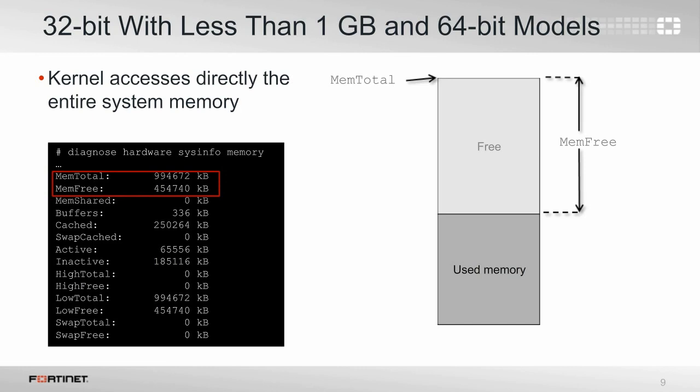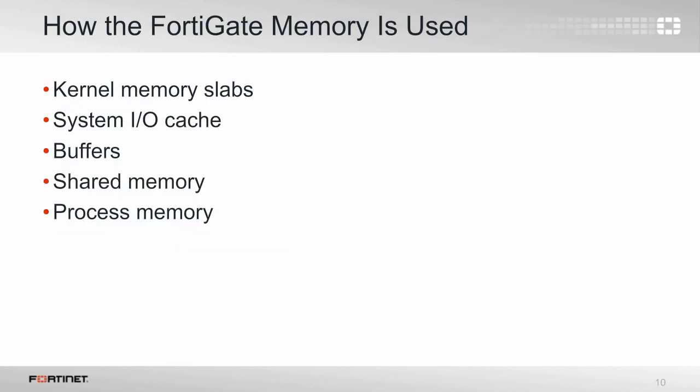All the memory space is considered low memory. FortiGate allocates memory for 5 main purposes: kernel memory slabs, system I/O cache, buffers, shared memory, and process memory. You will learn about each of these purposes in this lesson.